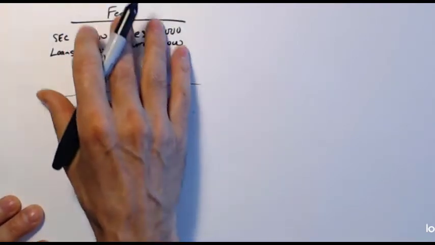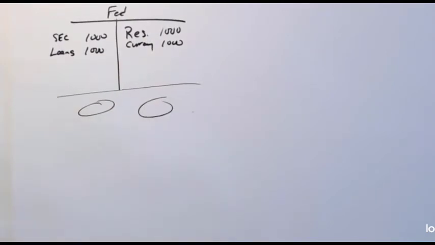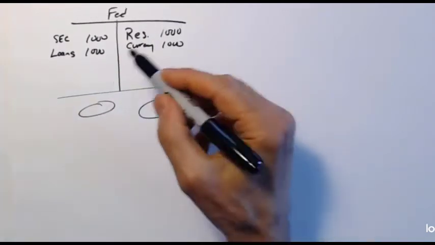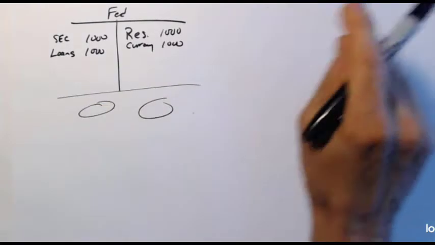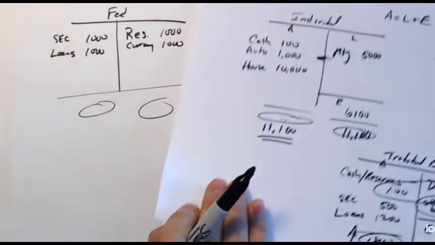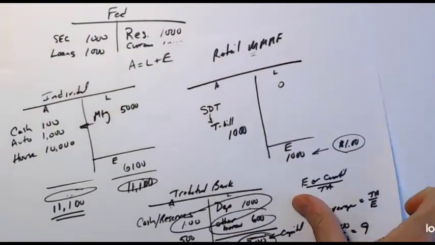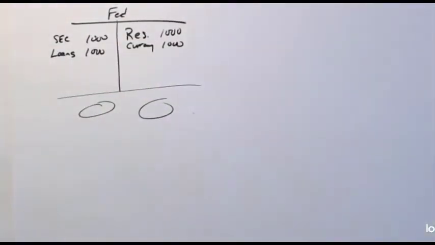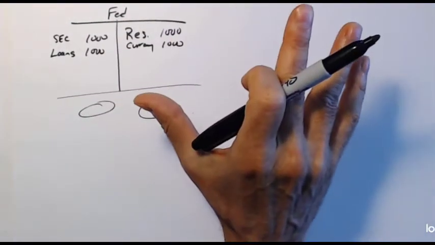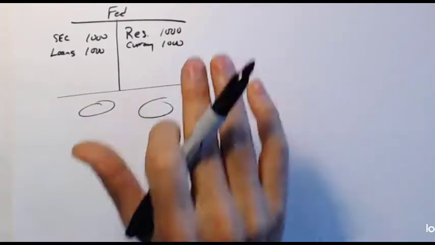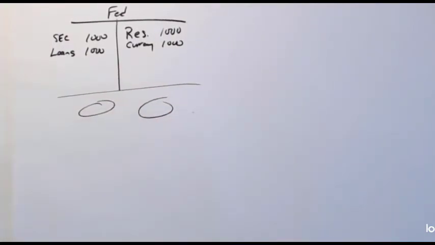I'm just looking at the main accounts that we're interested in. It'll balance. In every one of these instances, the Fed, a traditional bank, a retail money market mutual fund, they're going to have lots of accounts on their balance sheet. But we're focusing on the ones that matter for our purposes here. Okay, so that's the Fed now.